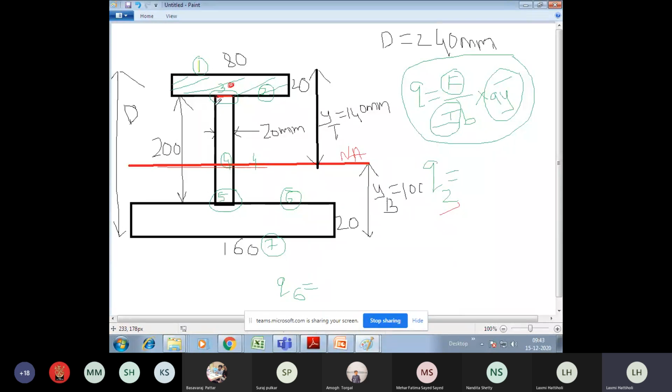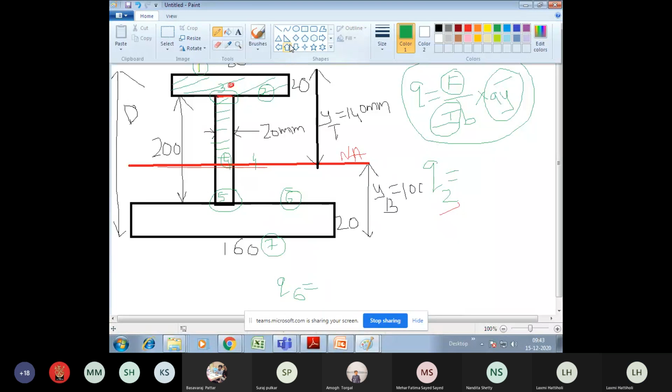Top area means I should hatch even this. This is also my shaded area now. Am I correct? Yes or no? Yes, the top flange and up to the web, up to the neutral axis. Both are shaded area now. Up to here, I should consider A into Y bar.